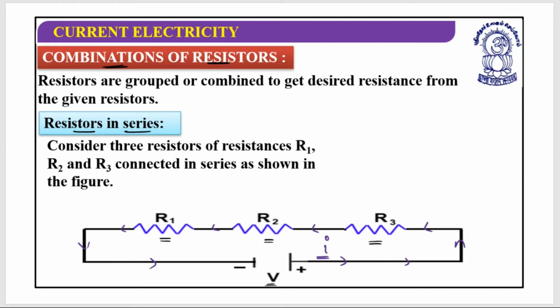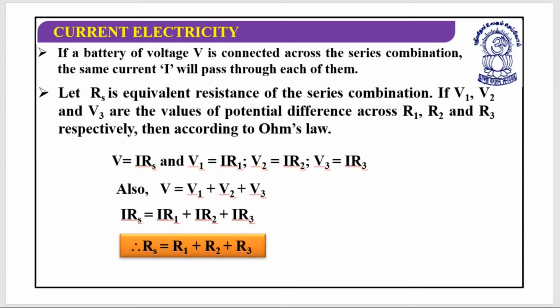Now, if a battery of voltage V is connected across the series combination, the current I will pass through each of them. As they are connected in series, the current I will be common to each resistor. Let us suppose that RS is the equivalent resistance of the series combination, and V1, V2 and V3 are the potential differences across R1, R2 and R3 respectively.